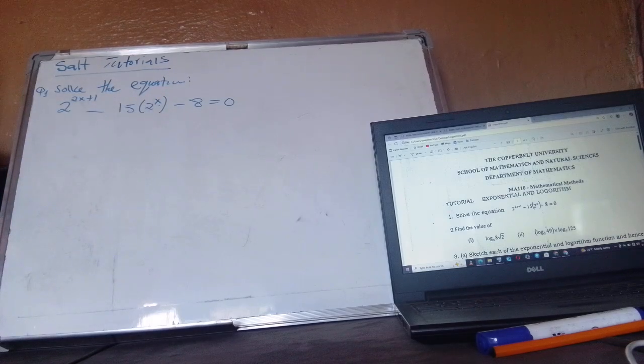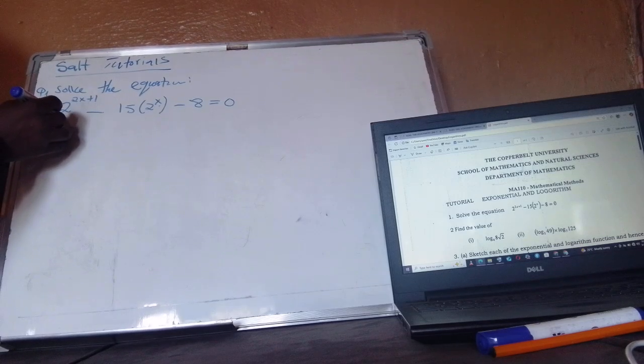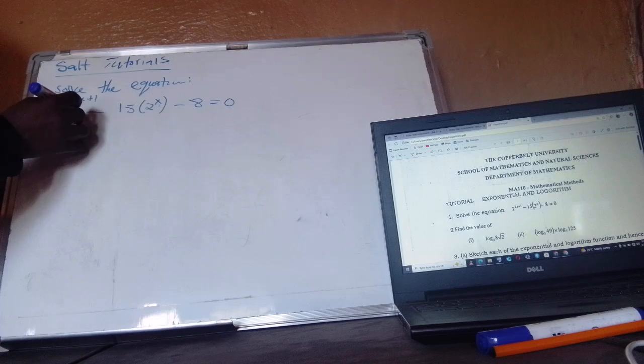So at least here, I need to bring in the concepts of exponential rules. With the exponential rules, this can be written as 2 power 2x multiplied by 2 power 1.